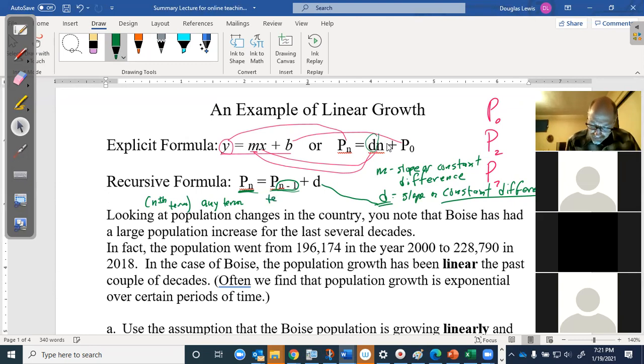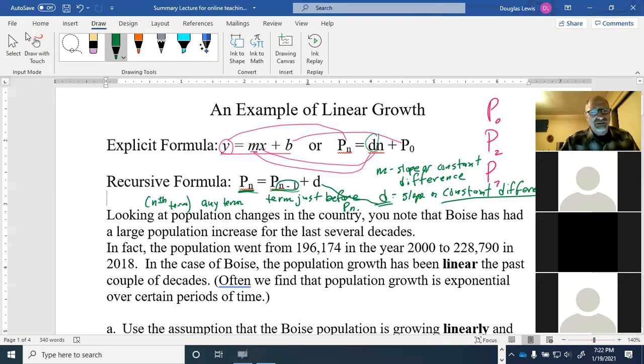It's the term just before P sub n. In other words, if you want to know a particular term, it's equal to the term before it plus the constant difference. Any term is equal to the term before it plus the constant difference.